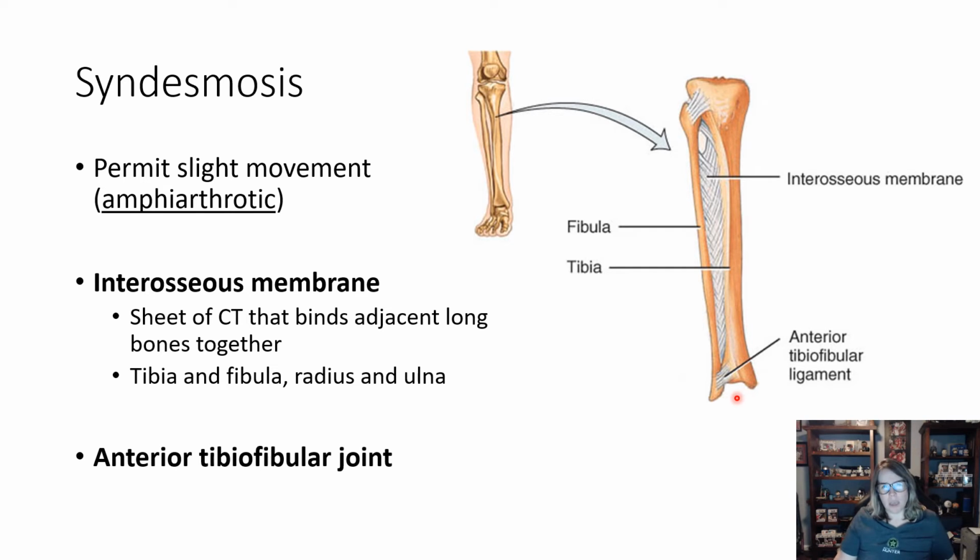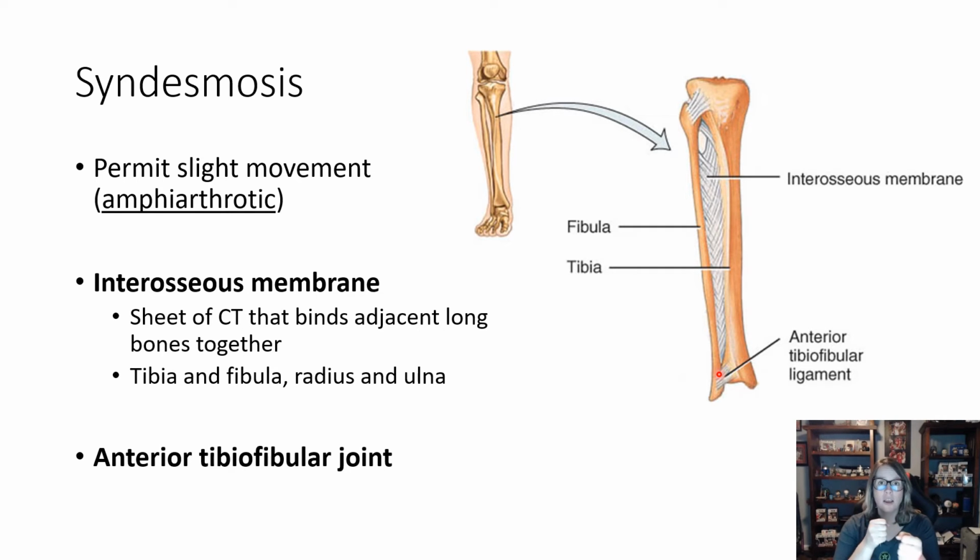But as we're walking, we're putting weight on the leg, and we're moving our ankles in different ways. We want this joint to have just a little bit of give to it, enough that it can account for different changes in force and the plane that we're walking on.